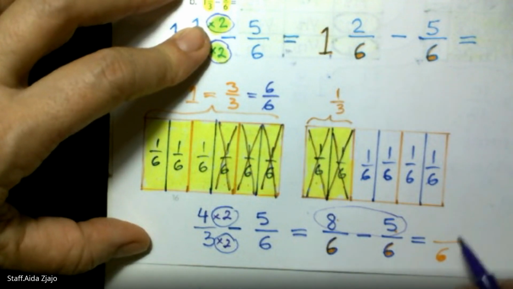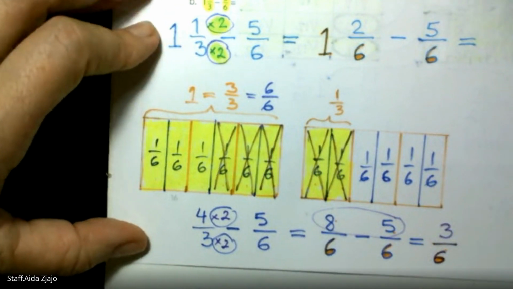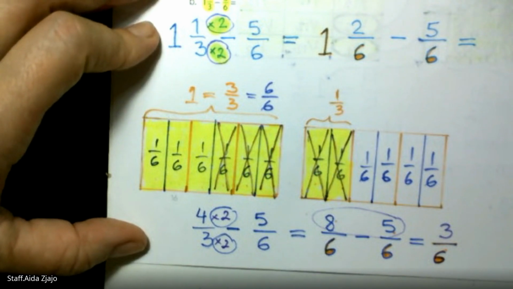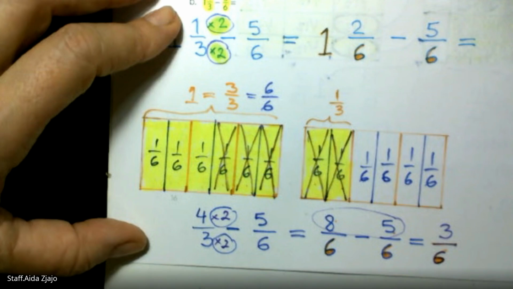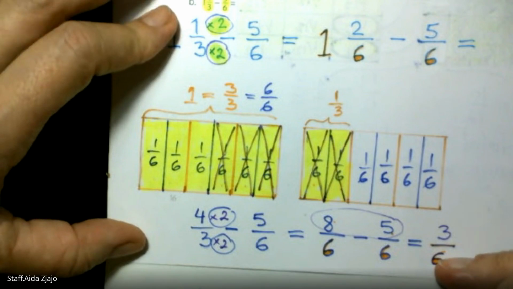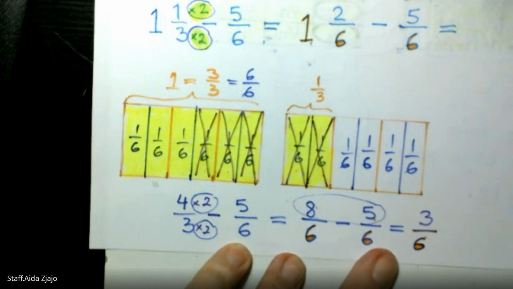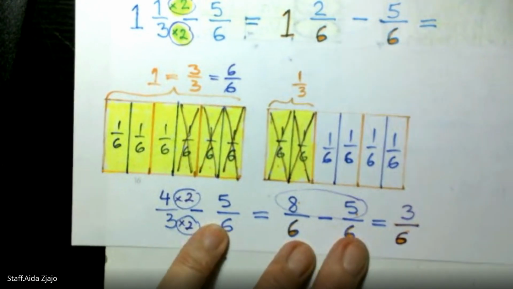Okay. And 8 give away 5 is 3. So 3/6 is my answer. And this time I can simplify because 3 is half of 6. So I know that 3/6 is the same as 1/2.